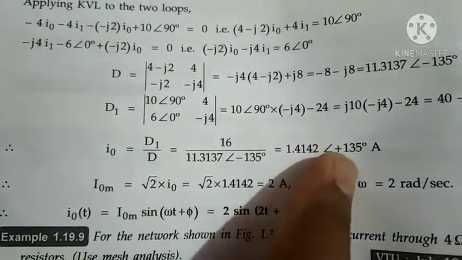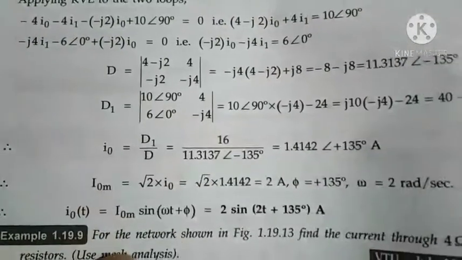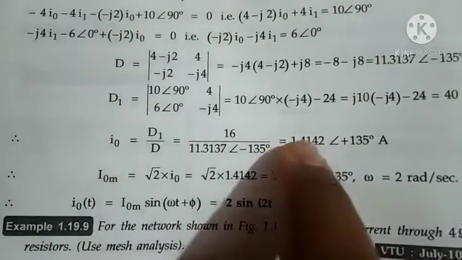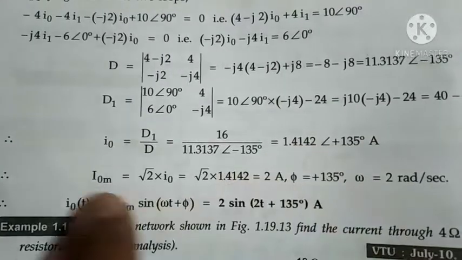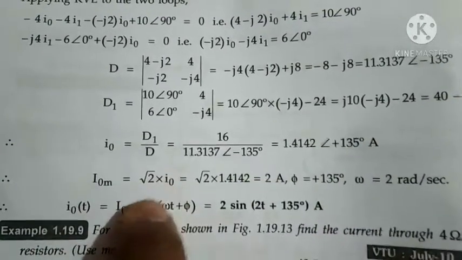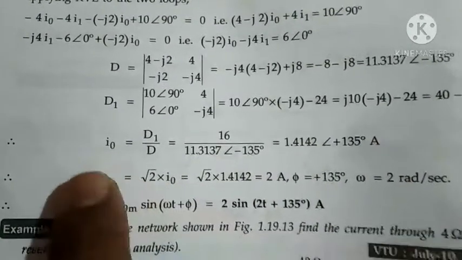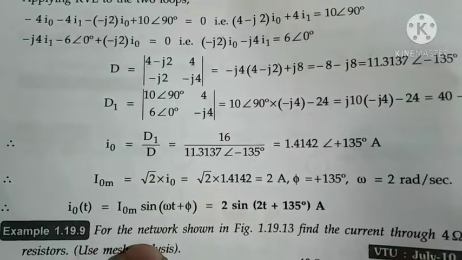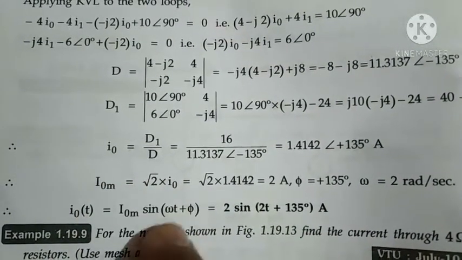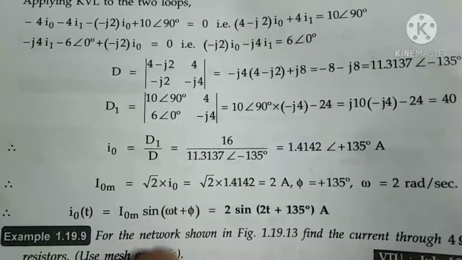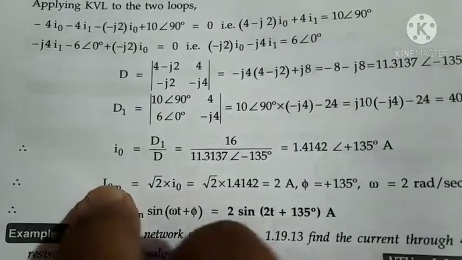If I want to write this I naught in terms of sine and cos, we can write this in terms of VRMS. In order to know VM, we know that VM is equal to VRMS into root 2, because VRMS is equal to VM by root 2, right, or IRMS is equal to IM by root 2. So IM is equal to root 2 into IRMS.